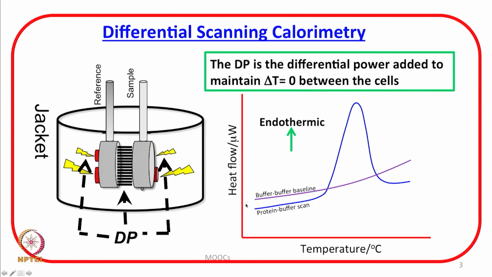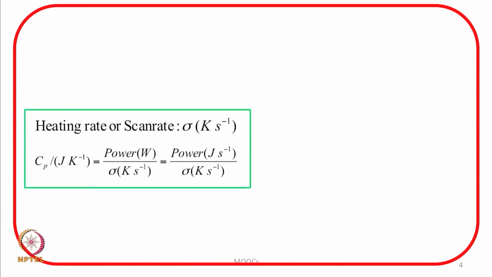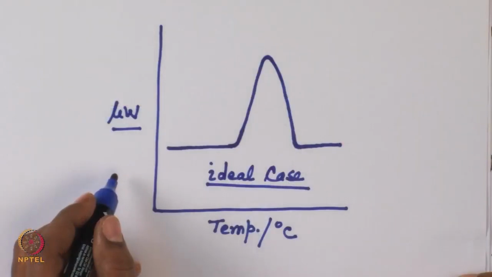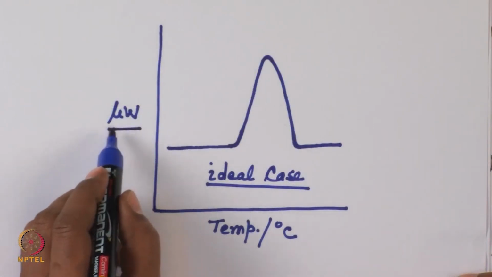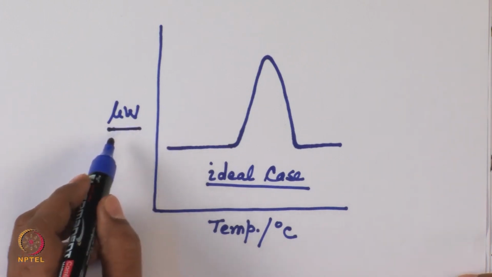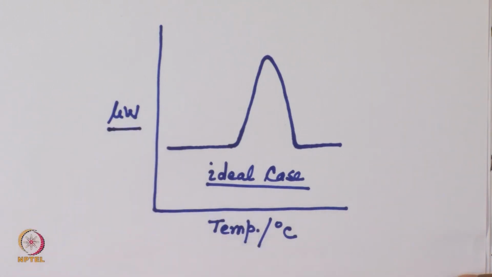Please also note that I have written over here buffer baseline. Why does one need to do a buffer baseline? I will explain next. But first of all, you see over here, the output is actually in terms of the microwatts, that is the additional power which is supplied as a function of temperature.